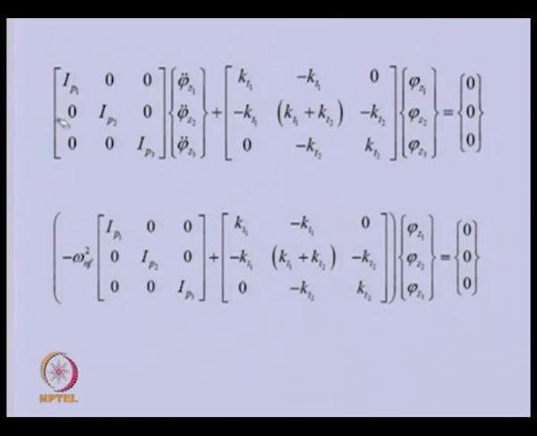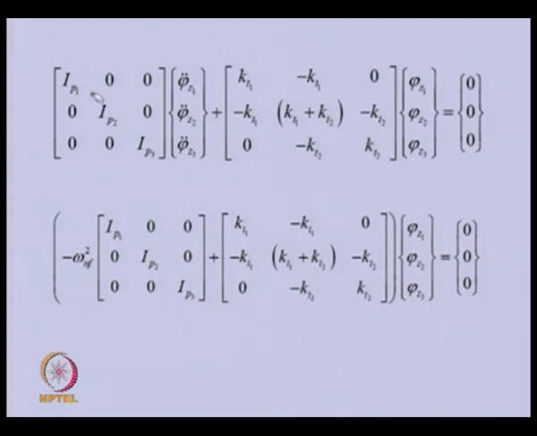This is nothing but the mass matrix of the rotor system. This is the inertias. This is the angular accelerations. These are the displacements, and all the stiffness terms are here. This stiffness matrix, you can see, is a symmetric matrix.